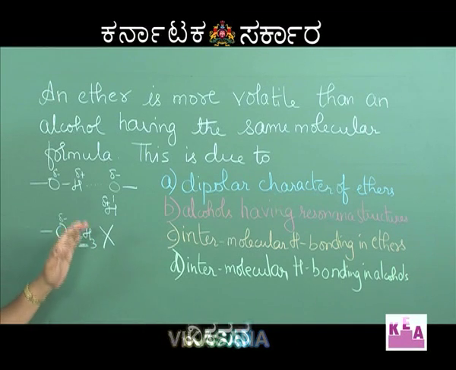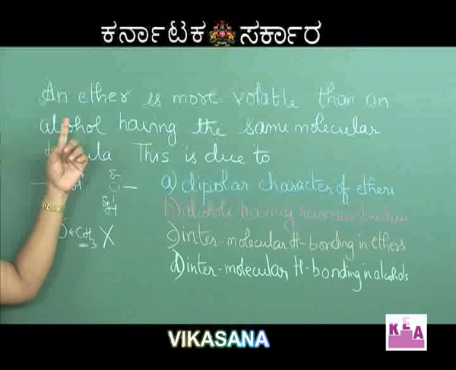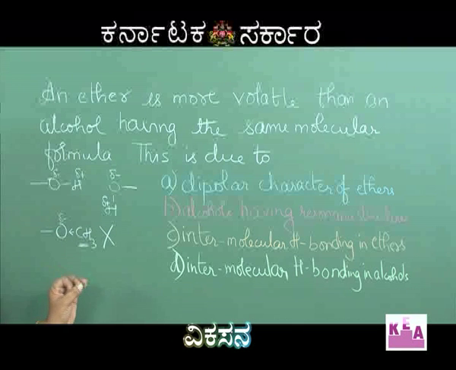Now, if we consider the same for different examples, instead of asking directly about ether and alcohol, they may give some compounds. Based on those compounds, you should find out the boiling point.